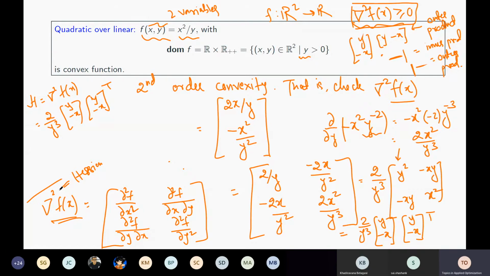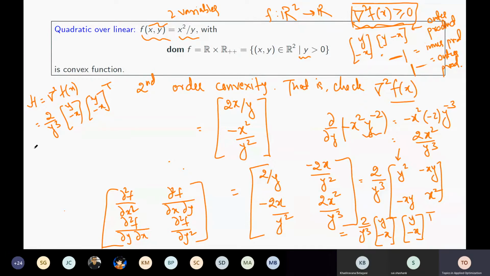Let me remove this also. I need more space. So this is positive definite, I claim. Any outer product is positive, or semi-definite.